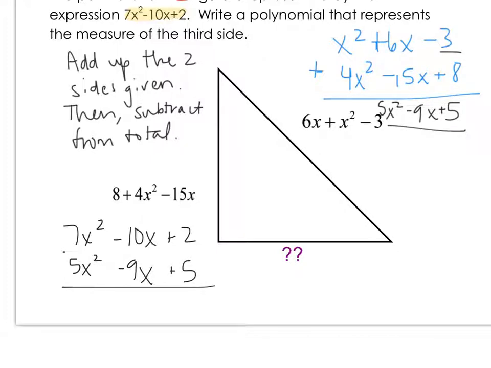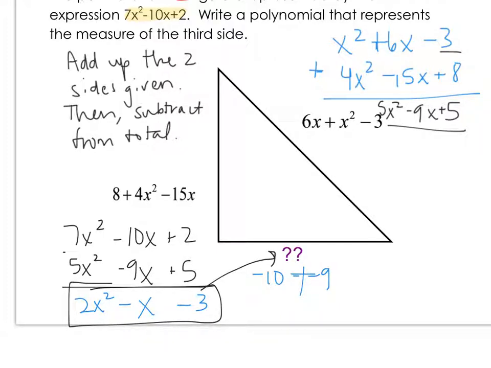I'll subtract here, and 2 minus 5 is negative 3. Negative 10 minus negative 9 is really plus, so I get a negative x, and then 7x squared minus 5x squared is 2x squared. So the measure of the third side here would be 2x squared minus x minus 3.